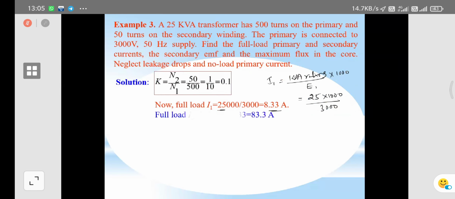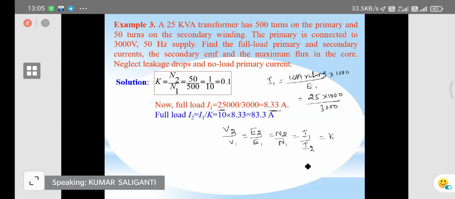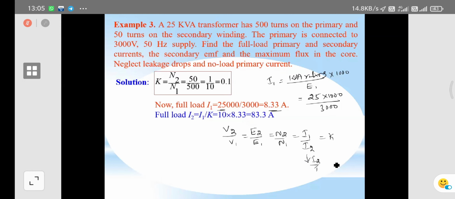Now the full load current I2. As you know, I2 by I1 equals 1 by K, according to the voltage transformation ratio: V2 by V1, E2 by E1, that is N2 by N1, and I1 by I2 equal to K. From this, I2 by I1 equals 1 by K, otherwise I2 equals I1 by K. K equals 1 by 10, so 1 by K is 10 itself. 10 into 8.33 gives 83.3 amps.